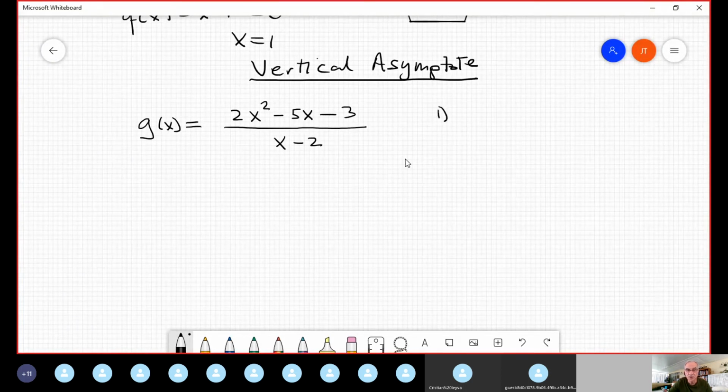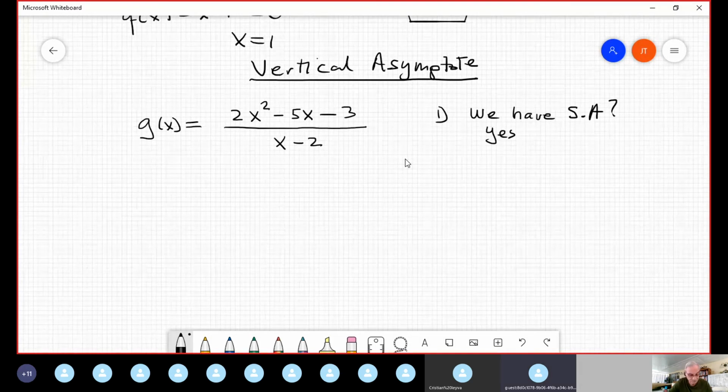My first question is, do we have a slant or no? Yes. She said yes. Why? Explain to me why. Because the degree of the denominator is 1 and the degree of the numerator is 2. So you have one more. Super. This is the reason. Very, very well.